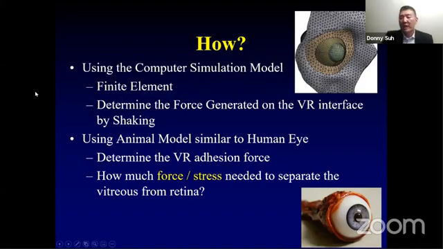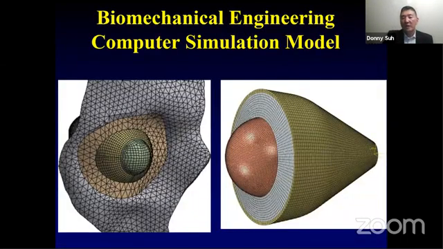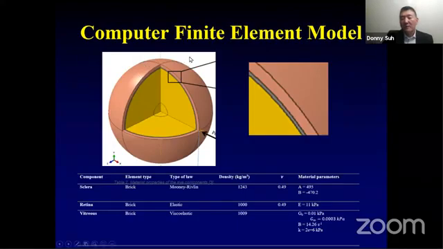So first, we created a very sophisticated computer simulation model using finite element analysis. And then we also used various animal models similar to humans to determine the vitreoretinal adhesions. Here, as you can see, we created a computer finite element model that incorporates all the properties and characteristics of the various tissues in the eye.